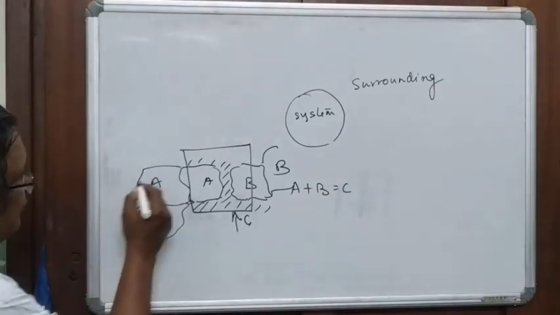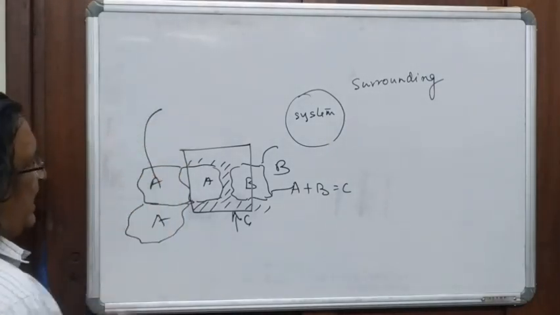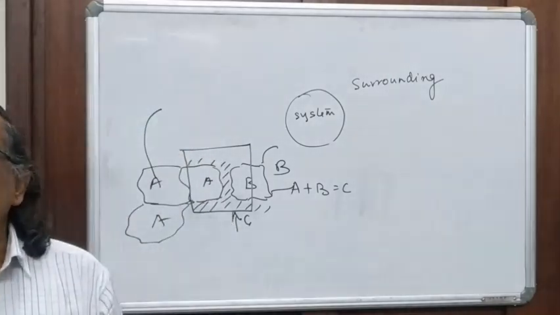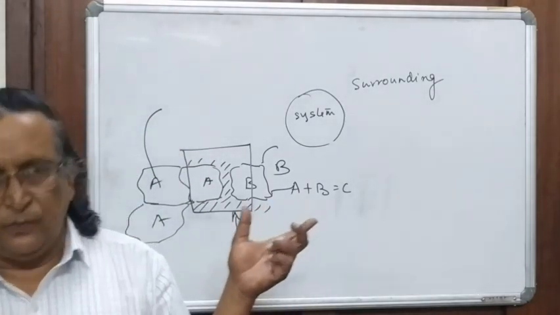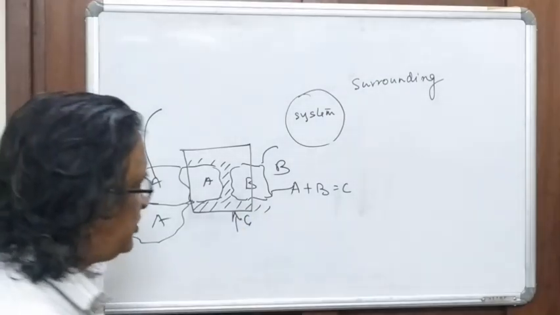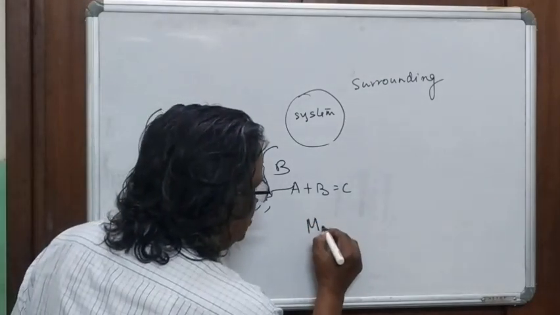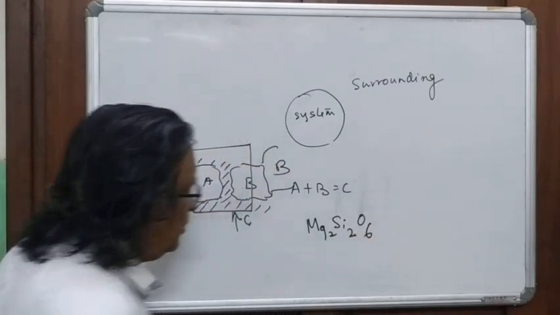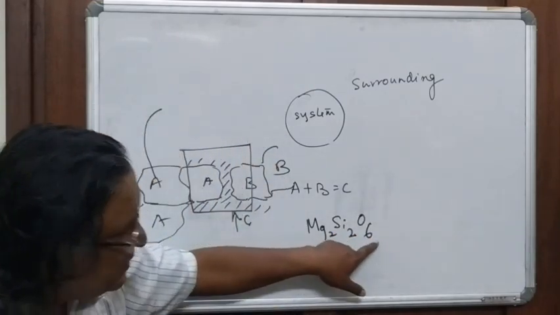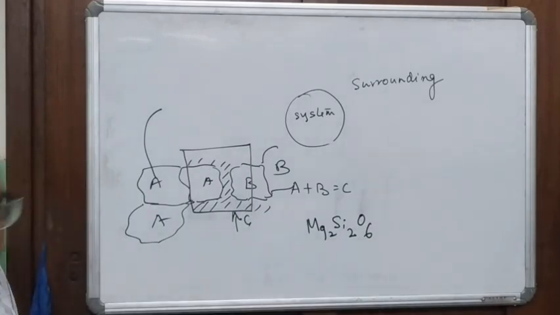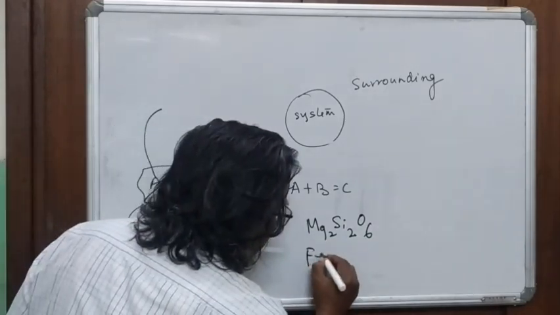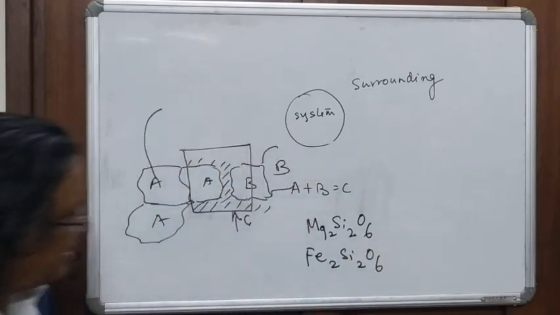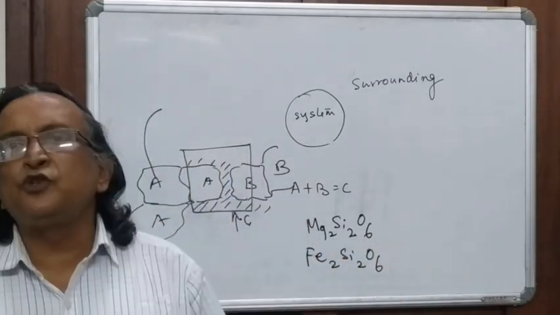Or, say for example, your mineral A has two crystallographic sites, say M1 and M2 site. I don't know whether you know it. Say for example, if you take a mineral called Mg2Si2O6. Now, this formula is enstatite. Or you can have its iron counterpart, which is called ferrosilite.